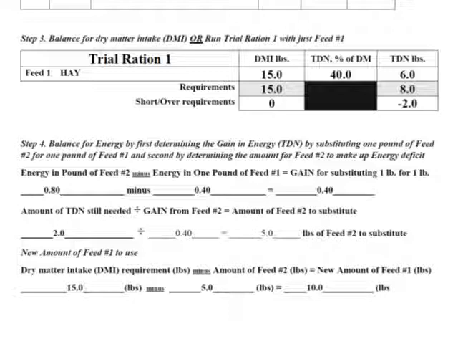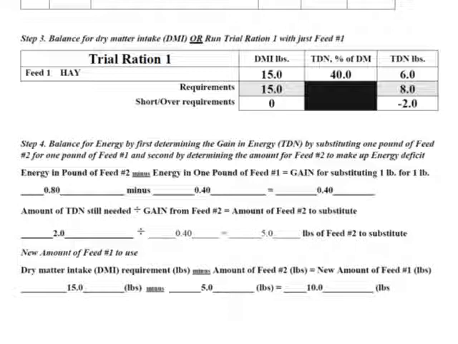So we need to prep for the next step. In step 4, balance energy by first determining the gain in energy, TDN, by substituting 1 pound of feed 2 for 1 pound of feed 1. Second, by determining the amount of feed 2 that will make up the energy deficit. So we're bringing down feed 2, 80% TDN, so 1 pound is going to have 0.8 pounds of TDN.